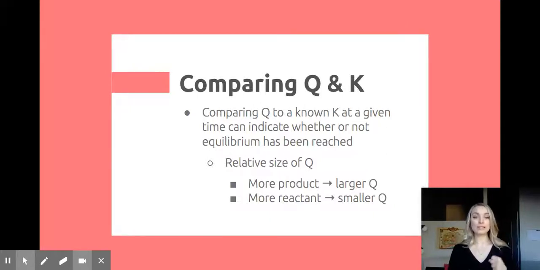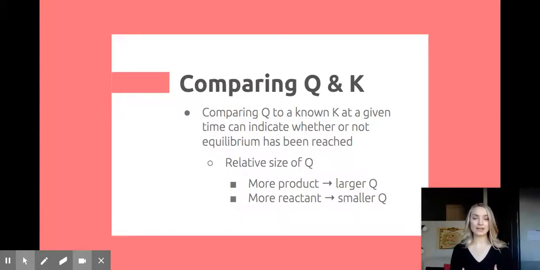We're given the equilibrium constant, K, and we're also given some of the concentrations for Q, so we can actually calculate a Q value. When we compare Q and K, we're able to determine how a reaction is going to proceed.